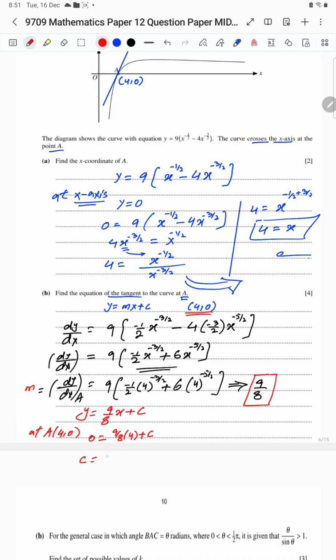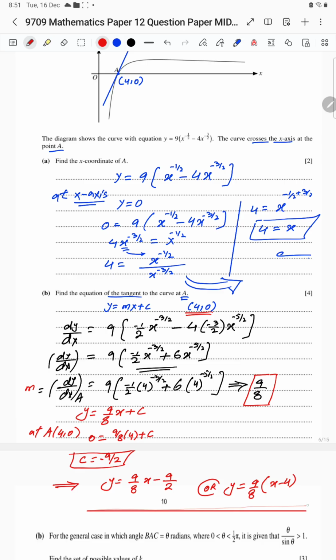Therefore the final equation will be y equals 9/8 x minus 9/2, or further simplifying, you can write y equals 9/8 times (x minus 4). Both of the options are right. The choice is yours, which answer you want to give.